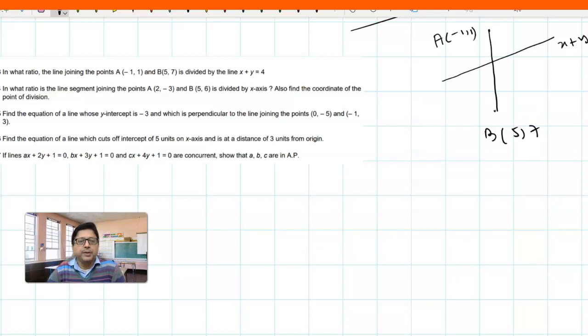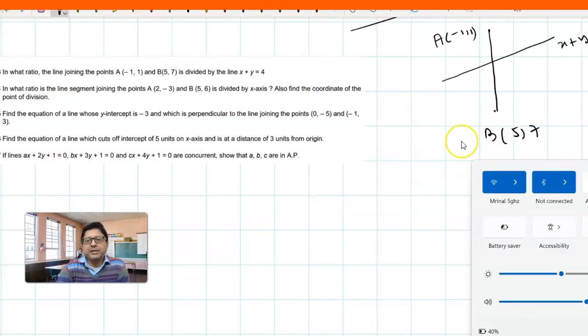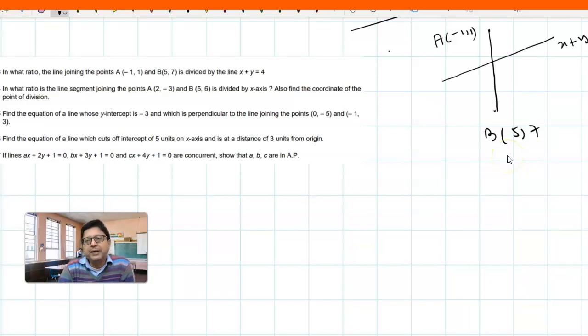The line joining A and B is divided by this line. Their point of intersection is point C. What you are going to find here is AC is to BC, say M is to N. It's very easy to find.